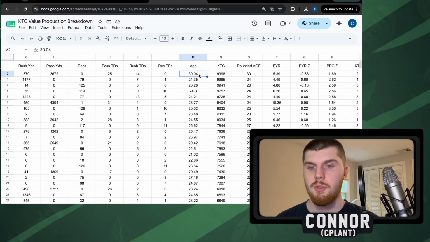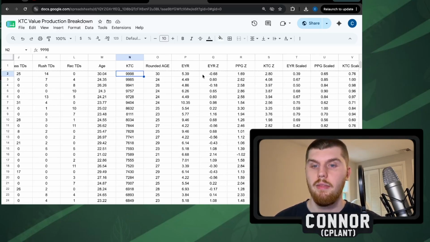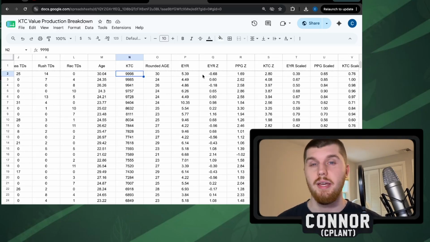I then also have their age and their KeepTradeCut value. In order to handle age, this is something that has been hard to do when modeling dynasty value, but I figured it out in the past.